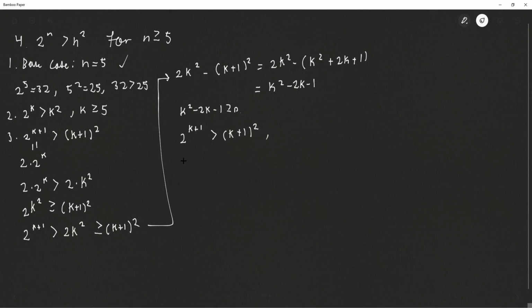And this means that 2 to the k plus 1, since it is greater than 2 times k squared, and this is greater than k plus 1 squared, we're able to see that this is true for when it's k plus 1 and the base case, so the whole identity holds.